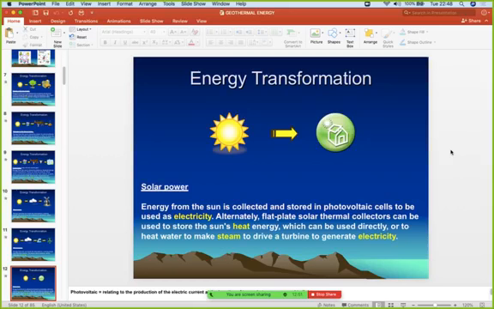So we have the flat plate solar collectors, which can be used directly or to heat water to make steam to drive a turbine to generate electricity. Again, it will produce steam, no? Because it will boil the water, just like what we have in hotels.